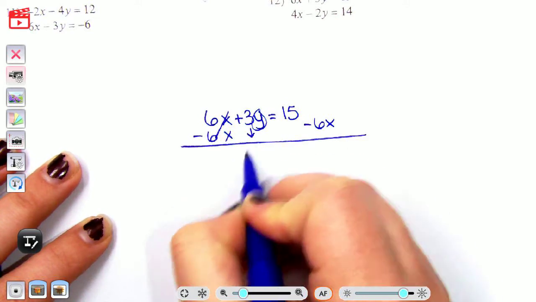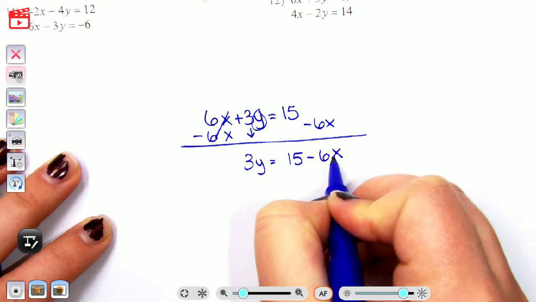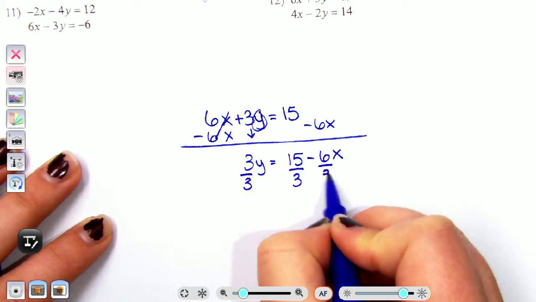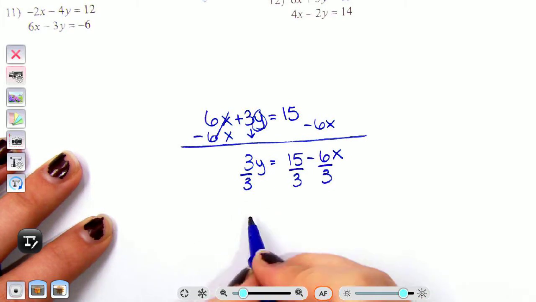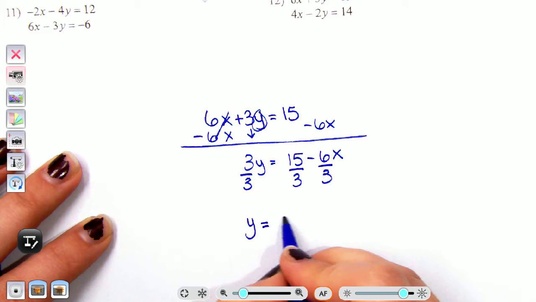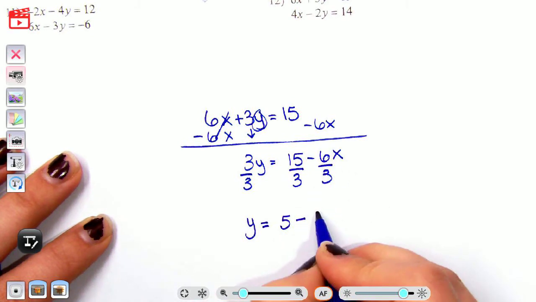Bring down the 3y is equal to 15 minus 6x. I'm going to divide by 3. Every single term. Don't just divide the sides. Divide every single term. y is equal to 15 divided by 3 is 5 minus 6 divided by 3 is 2, and then we have our x.